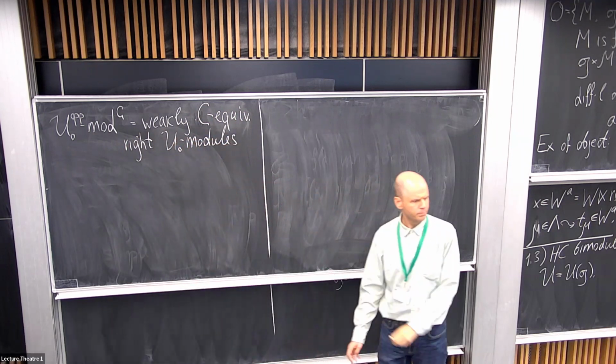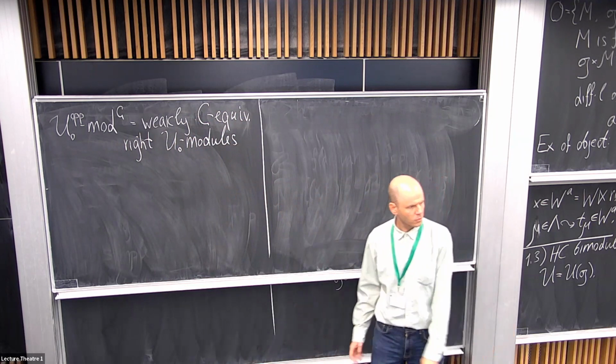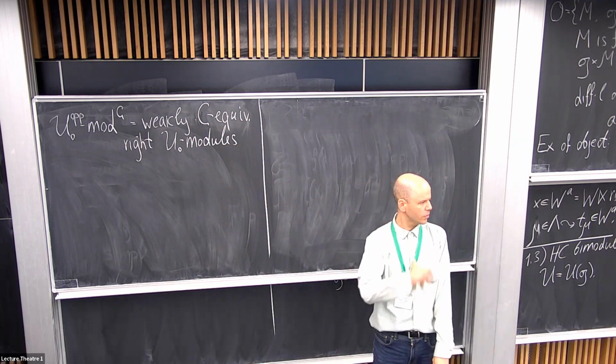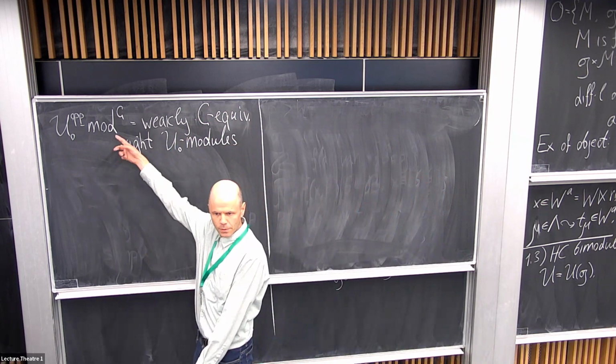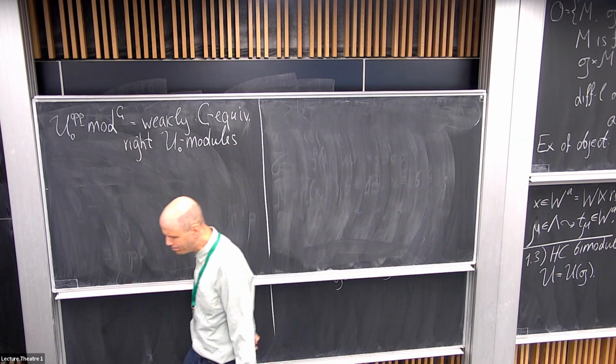Okay? So these are modules over U0 and modules over G, and the actions are compatible in the way that the multiplication map is equivariant. Okay?